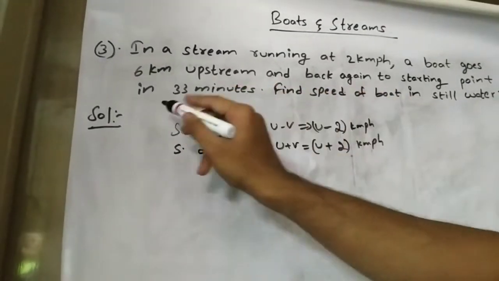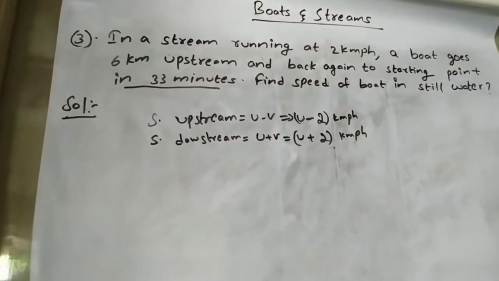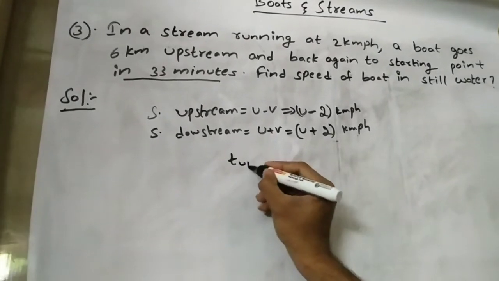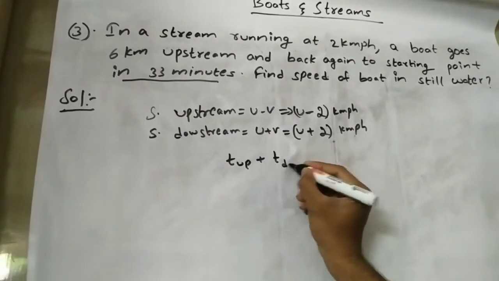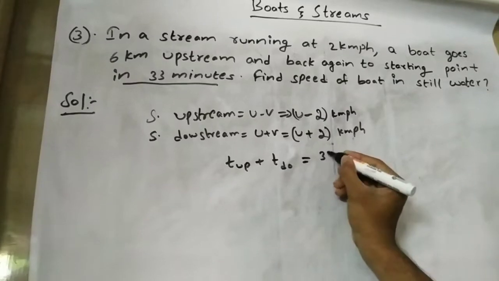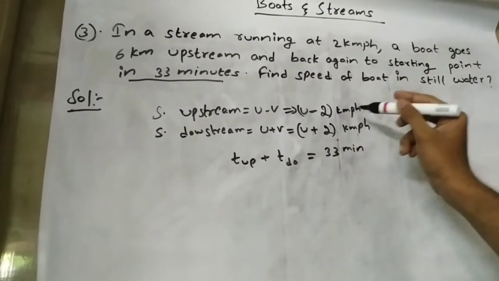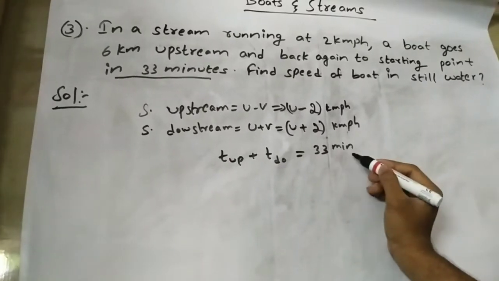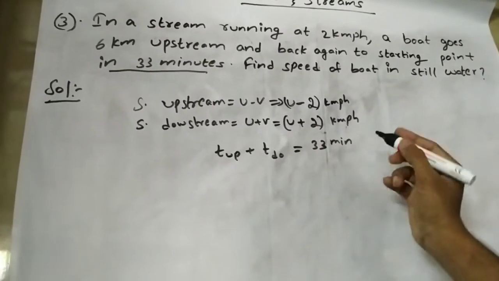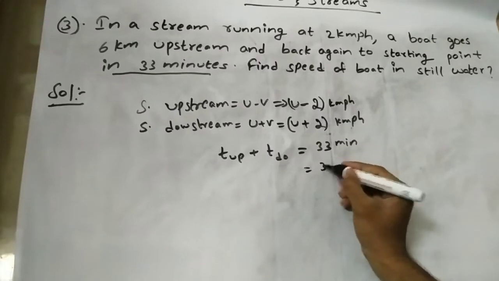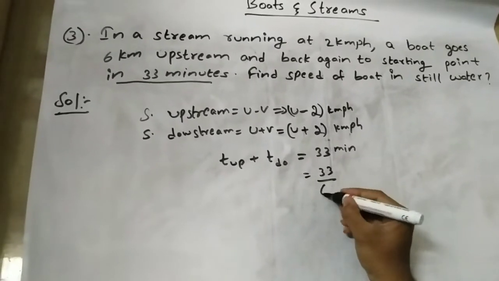It is also given that the total time taken is 33 minutes. So time taken to go upstream plus time taken to go downstream is equal to 33 minutes. Here all speeds are in kilometers per hour and the time is in minutes, so we should convert minutes into hours by dividing by 60.